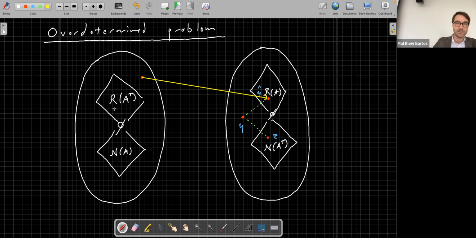Okay, and this vector here would be X hat. X hat, we saw from the left pseudo inverse, is equal to (A transpose A) inverse A transpose Y.